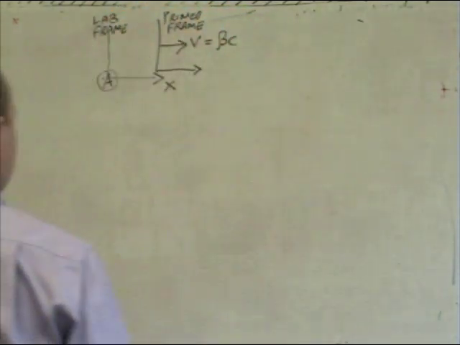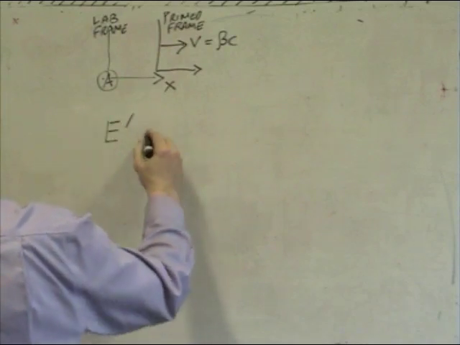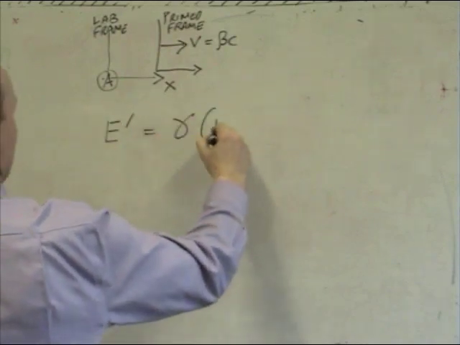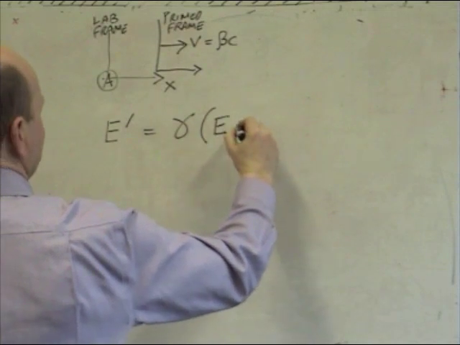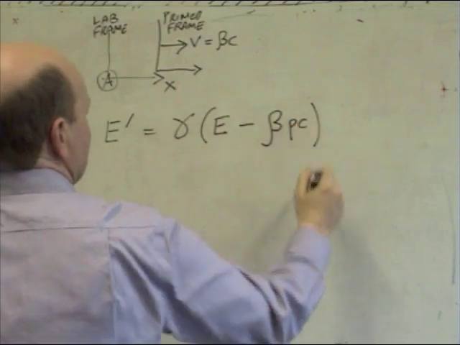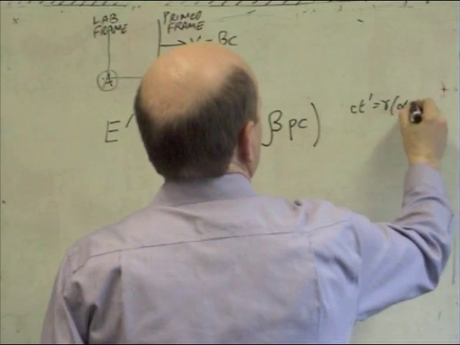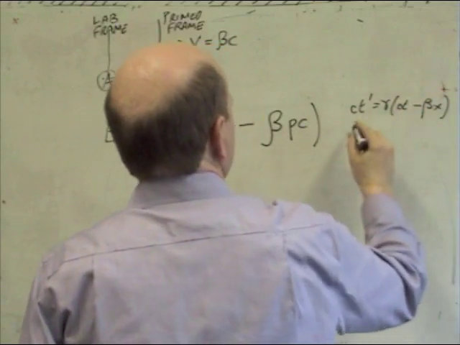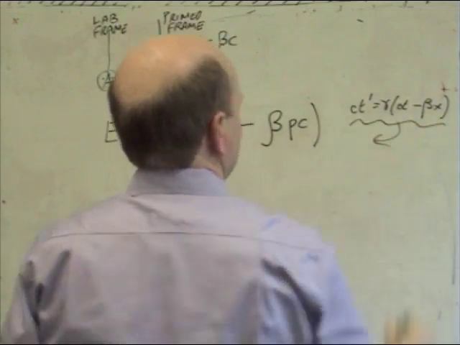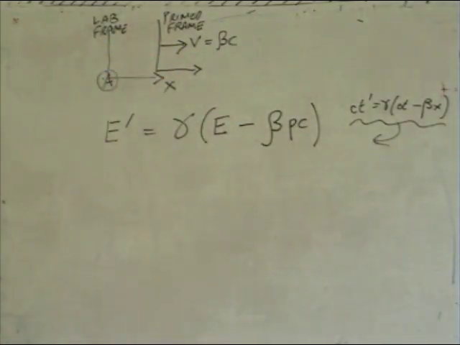So by analogy, we can write down that the energy in the primed frame, E prime, equals gamma times the energy in the unprimed frame minus beta pc. And that's analogous with ct prime equals gamma ct minus beta x. You can notice the form of this equation is basically the same as the form of that equation.